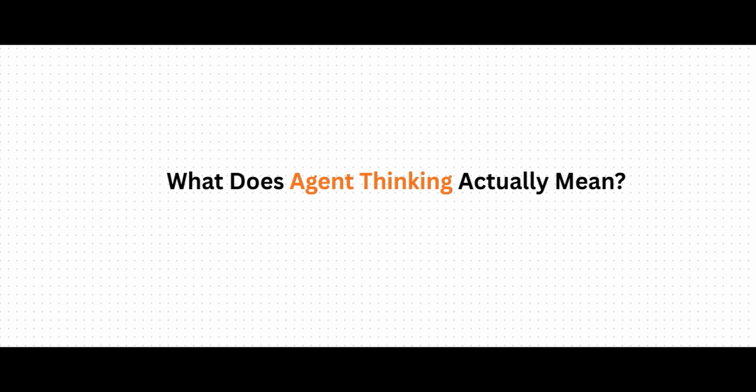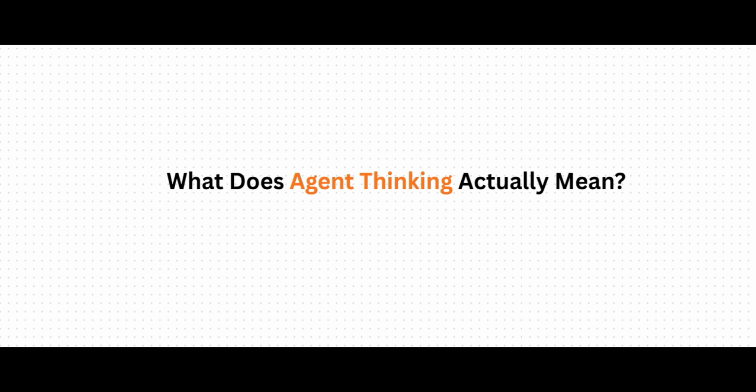It coordinates between the user, the model, and the tool. All the intelligence lives inside the model. All executions and coordination happen through the agent. And this is the correct meaning of agent thinking in the context of Google ADK. Understanding this is very important before we go deeper into the internal architecture and execution flow.